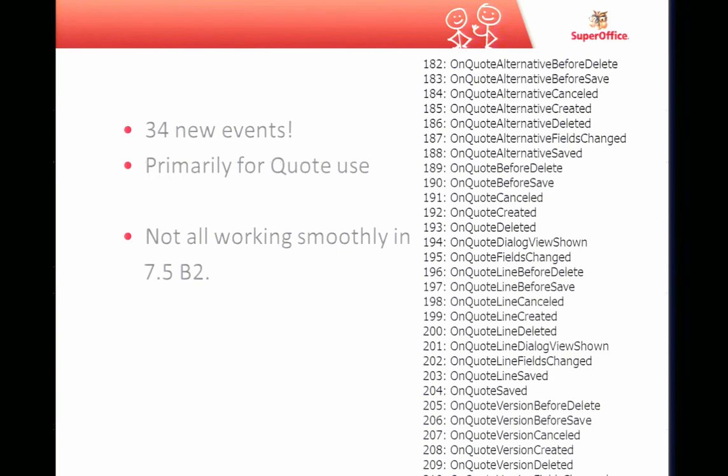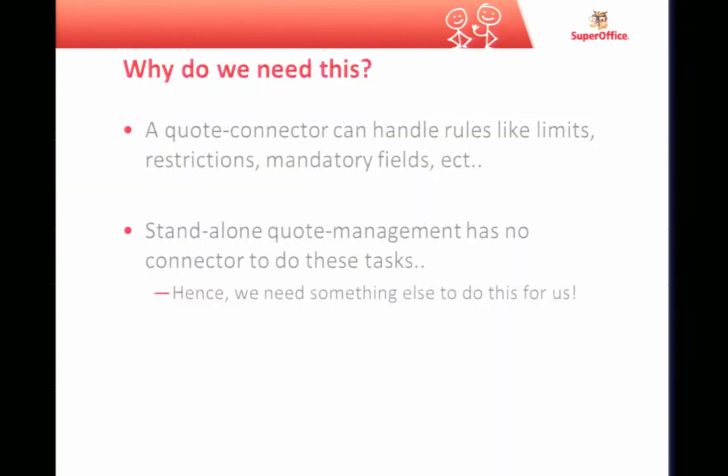So in those cases, I believe we actually need scripting to be able to quality assure things that are put into quotes. As I said, we have support for it as long as you have the quote connector. If you don't and run standalone, then you might need this.